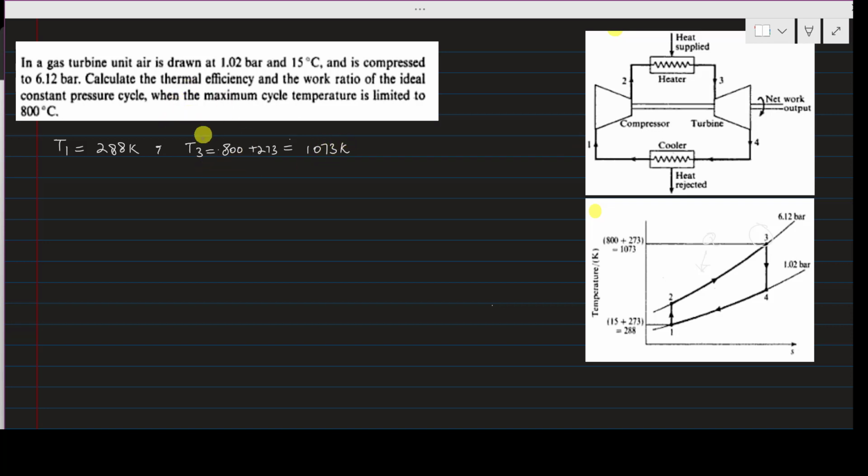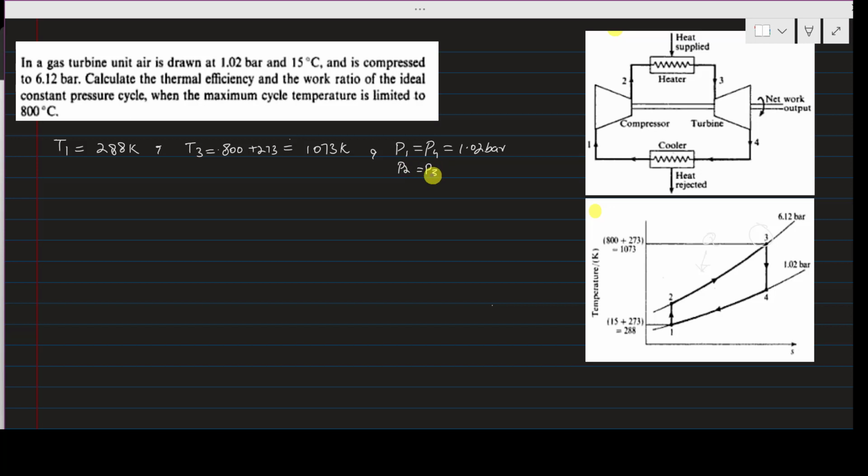Okay. Next are the pressures. The pressure P1, and you know that this is a constant pressure line, so the pressure at P1 is the same as P4, that is 1.02 bar, and the pressure P2 is the same as P3.